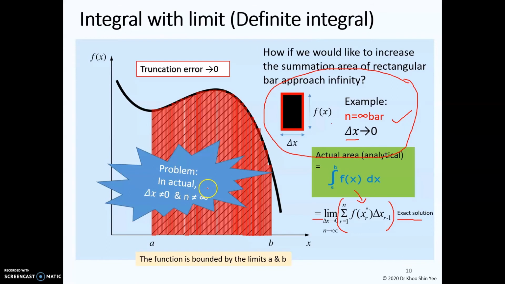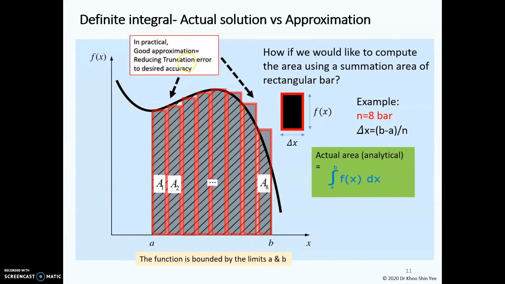However, in actual, we cannot set the parameter where delta x equals 0 or n equals infinity bars. Although we cannot obtain an exact solution by using numerical method, we still can obtain a good approximation by reducing the truncation error.